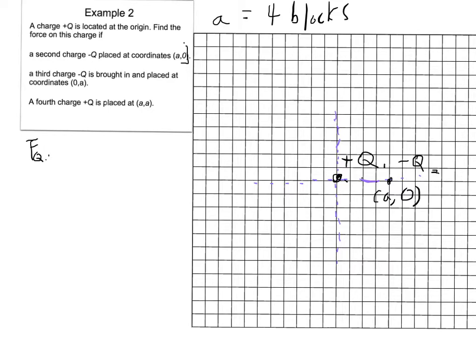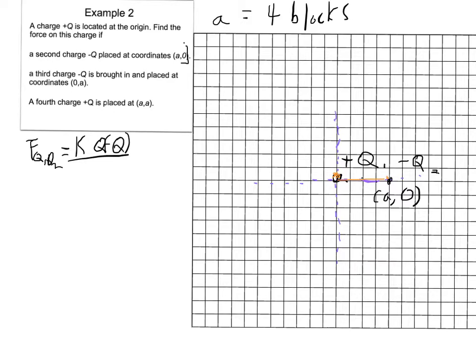Force q1, q2 equals k times q times q, or we can even say negative q, over, now the distance, since this is just a straight line from there to there, that distance is just a, because it's clearly just a straight line.